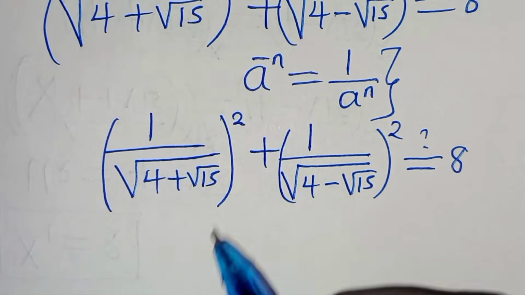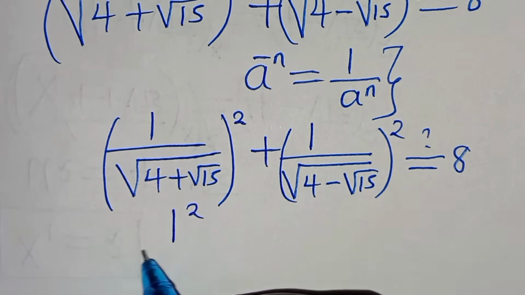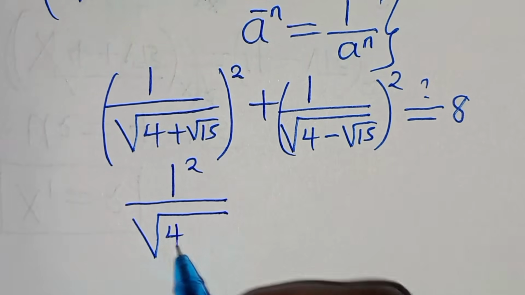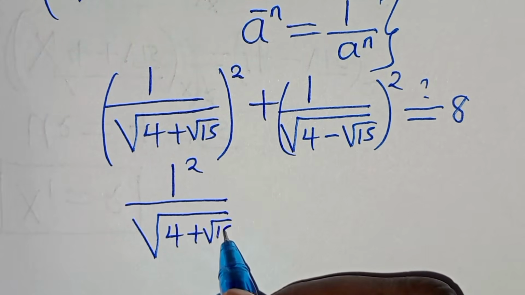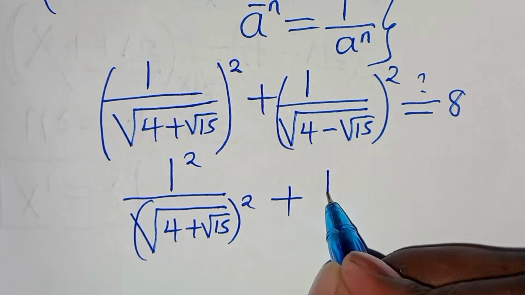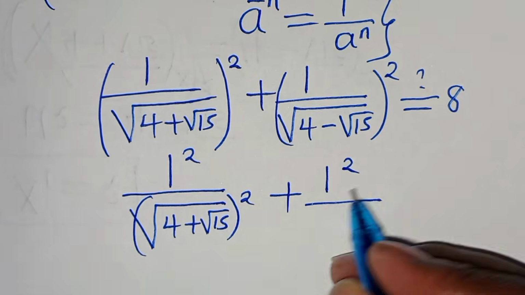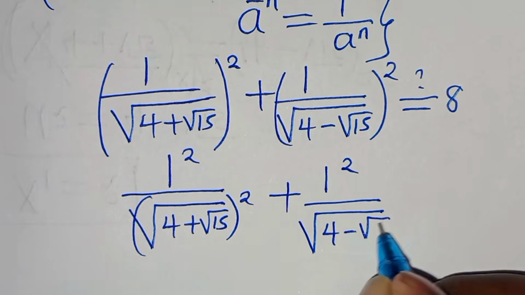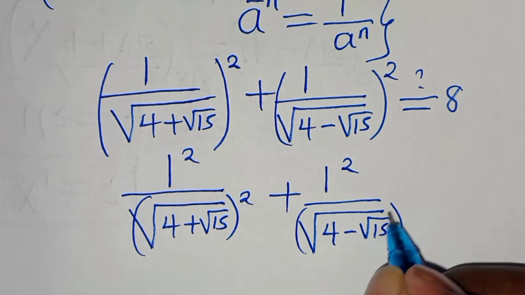Now, this is the same thing as 1 squared divided by the square root of 4 plus square root of 15 raised to the power of 2, then plus 1 to the power of 2 divided by the square root of 4 minus square root of 15 raised to the power of 2.